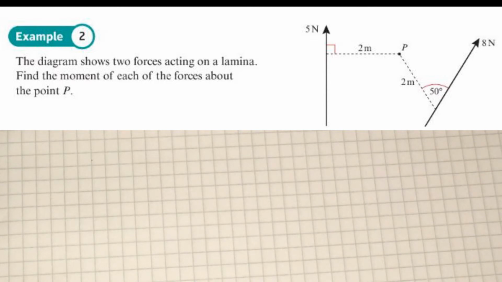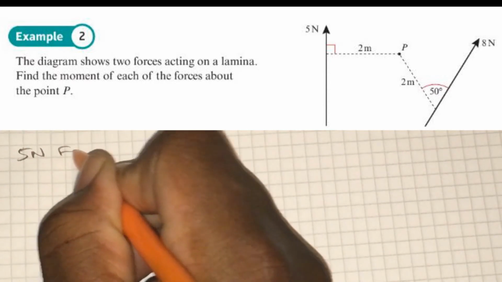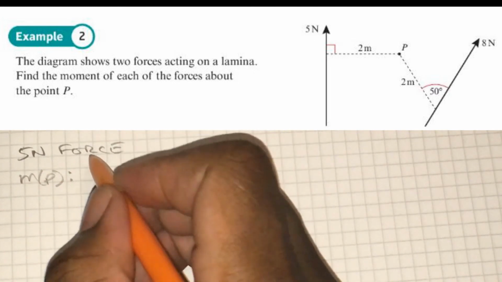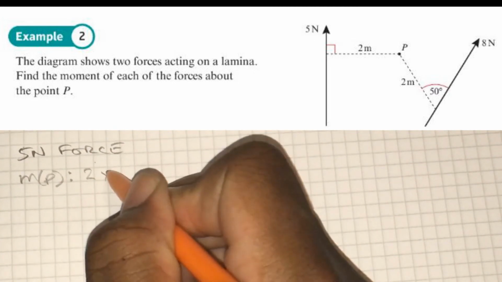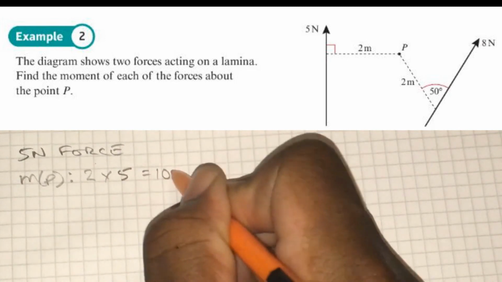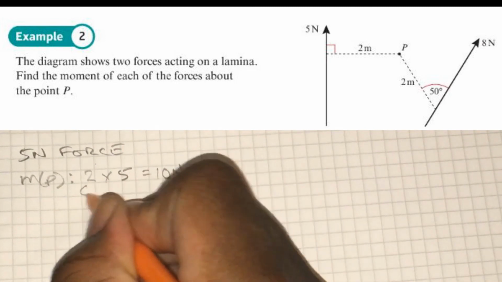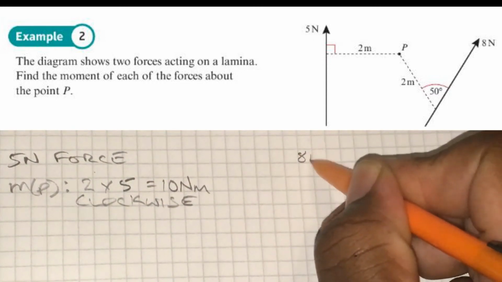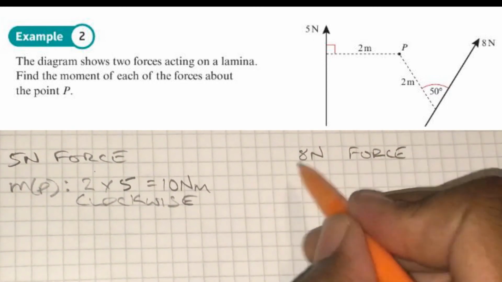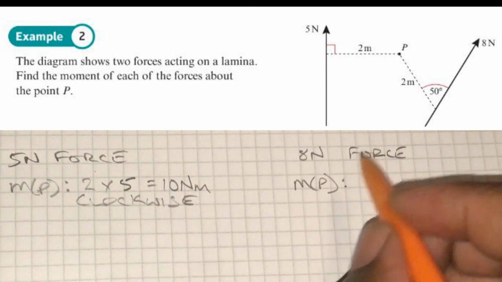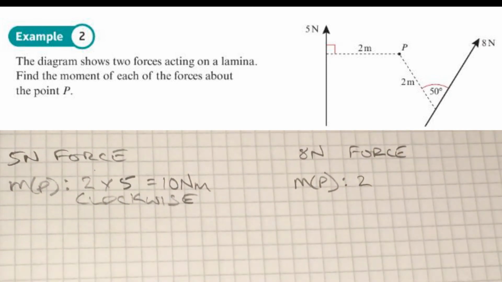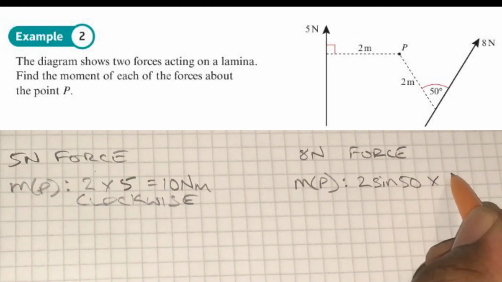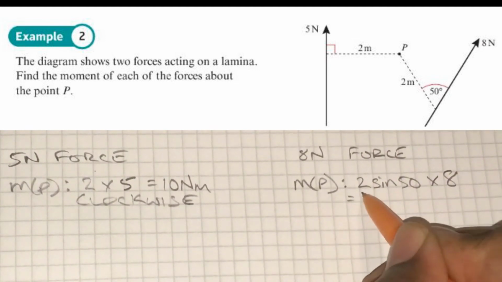Okay, in this question, we're asked to find the moment that each of these forces will produce. For the 5 Newton force, quite straightforward, gives us 10 Newton meters. And for the 8 Newton force, once again, using that standard format for the perpendicular distance, it's going to be 2 sine 50 multiplied by our 8 meters.